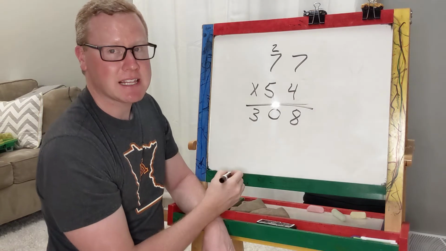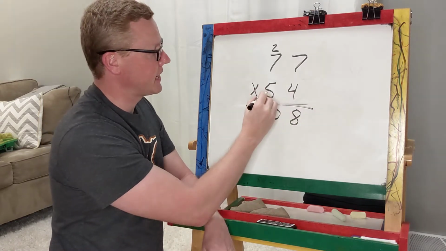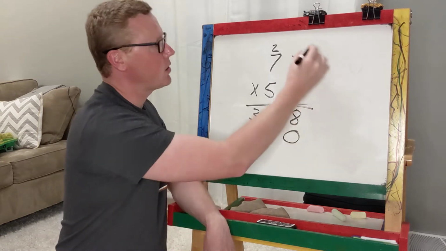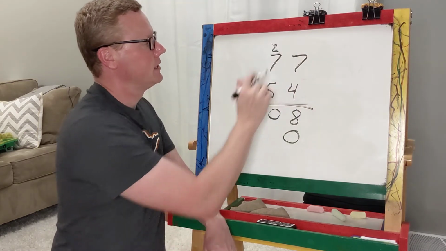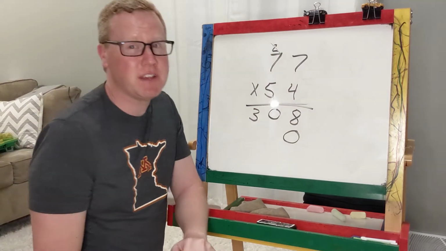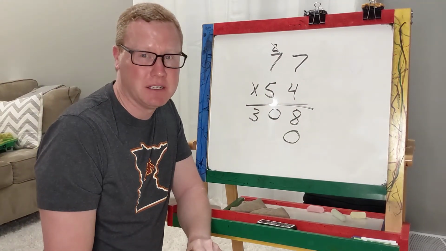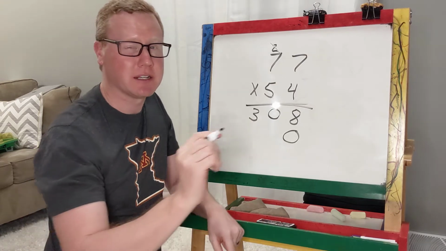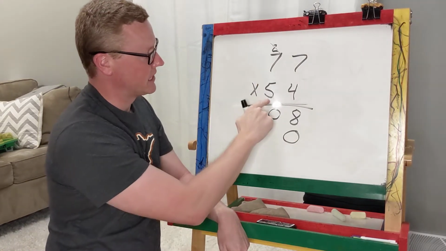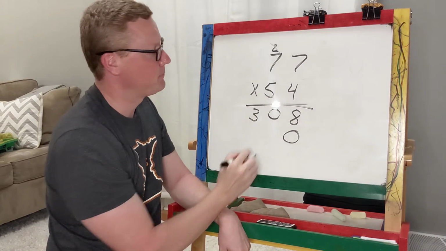A little trick I like to do is when I switch to my 10 spot, I put my 0 here and I go look up here and I cross out any numbers that I use with my ones. That way I don't get confused and accidentally add them again. Hopefully that makes sense. I'll show you again if you didn't do that. So I crossed out my 2 when I added my 0 when I start my 10's multiplying spot.